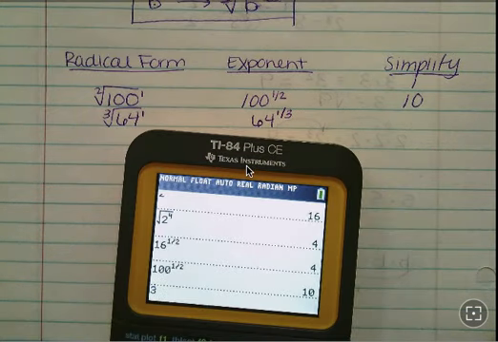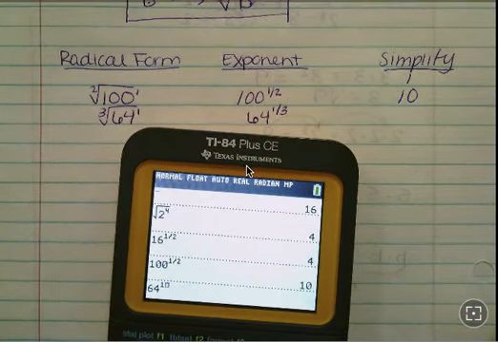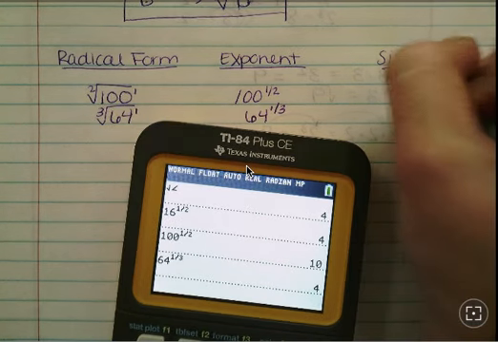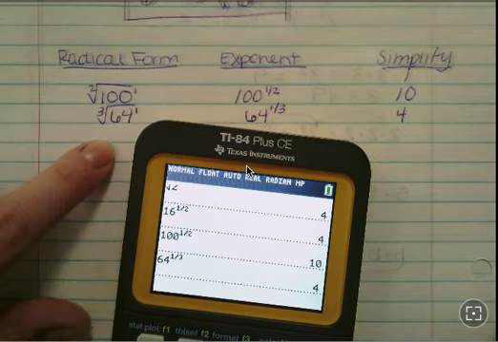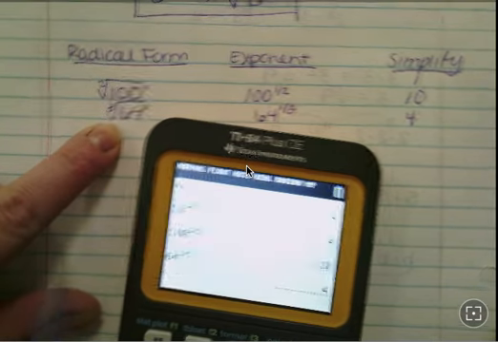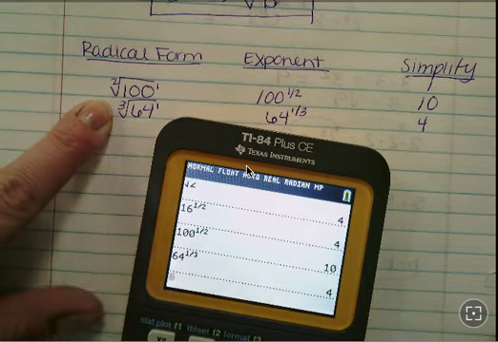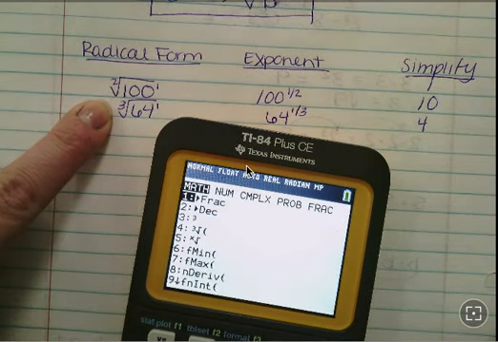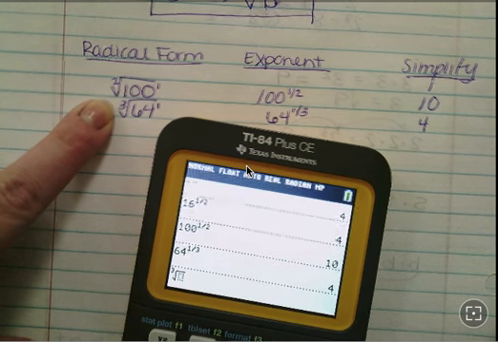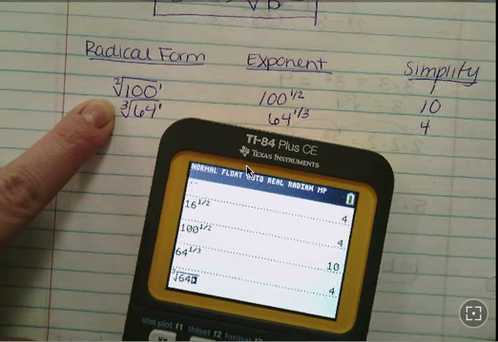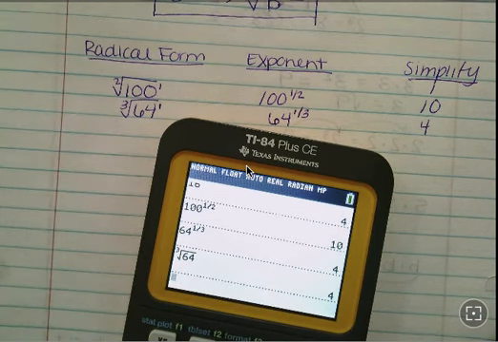So we do 64 to the 1/3, which is 4. Now I also want to show you how to do this in your calculator. Do you see how there's a 3 as an index on the outside? To do that, you hit Math, and you can go down here to number 4, and it'll put a 3 there. Okay, and you can check your work that way as well. That turns out to be 4 as well. That's what's cool about this section, is you can check your work.